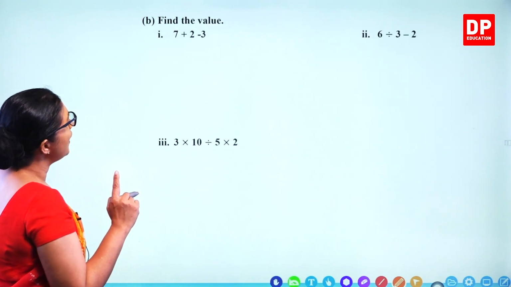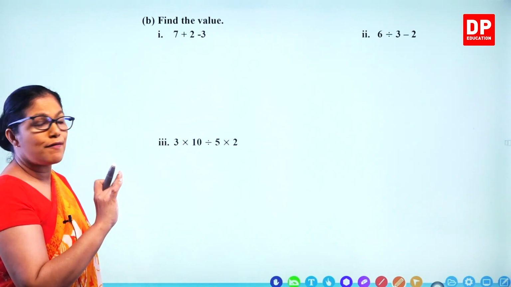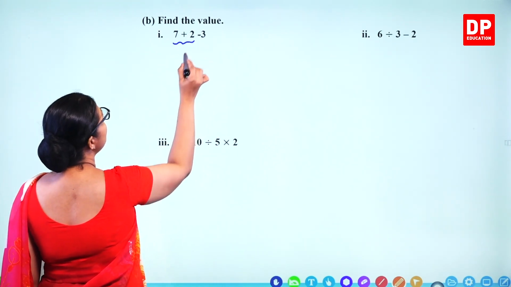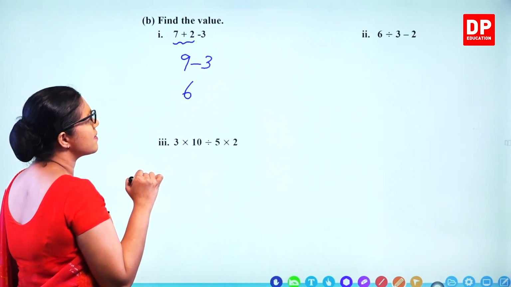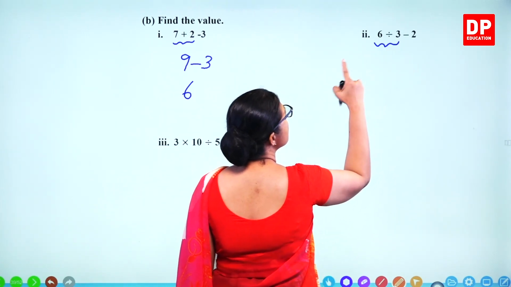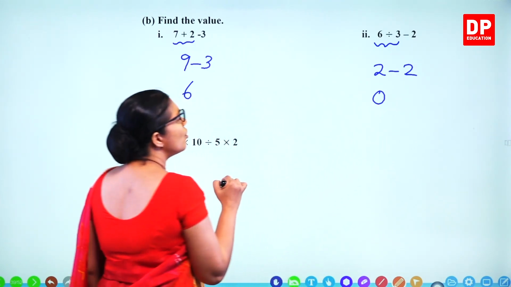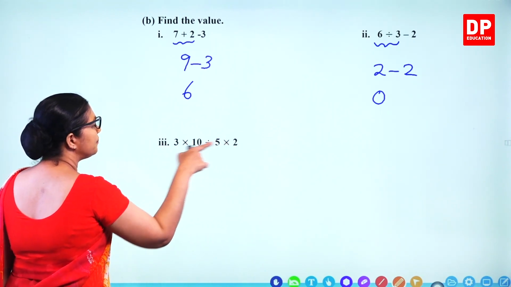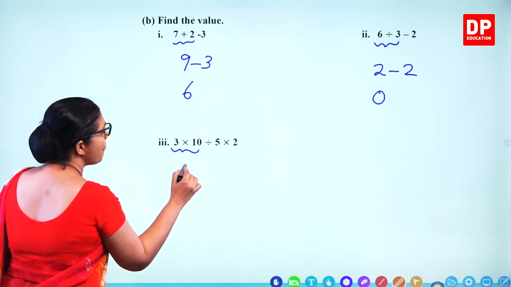Part B, find the value. According to BODMAS, you can do either from left to right, you can do plus or minus. 7 plus 2, 9. Then 9 minus 3, you get 6. This one, left to right. Division first, 6 divided by 3 is 2. Then 2 minus 2, you get 0. According to BODMAS, from left, you can do multiplication. 3 times 10, 30.